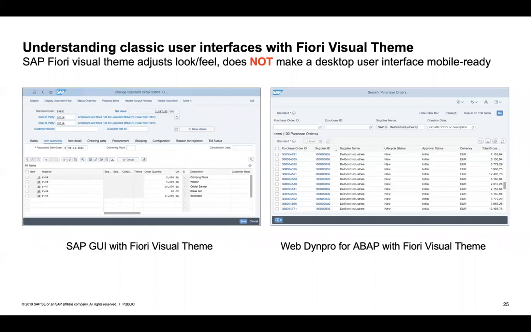WebDynpro ABAP, for instance, is now touch enabled. But still, it's a bit of a push. Getting these things down onto the smaller devices, you can force it, but it doesn't make for a good experience. So you do need to think about understanding where that fits.